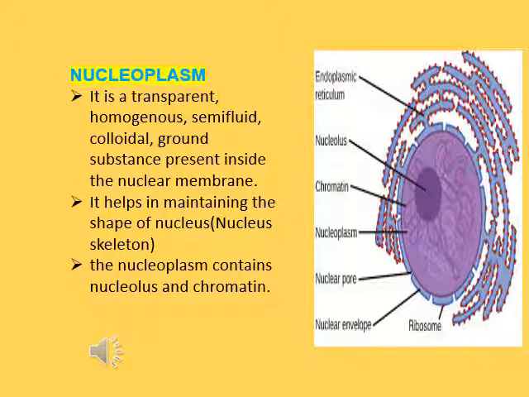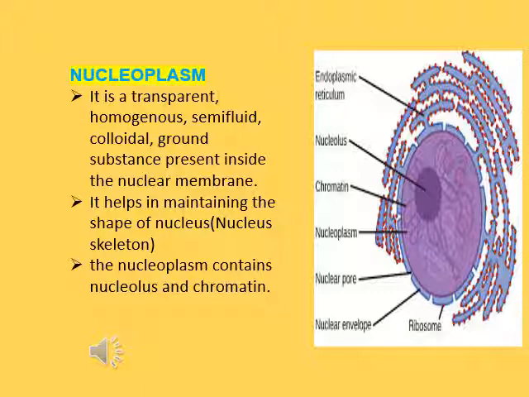The next component of nucleus is nucleoplasm. As the name shows, plasm means it is a semi-fluid, or you can say liquid. It is a transparent, homogeneous, semi-fluid that is colloidal in nature, and you can say it is the ground substance present inside the nuclear membrane.